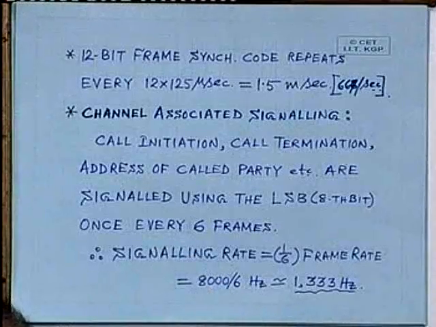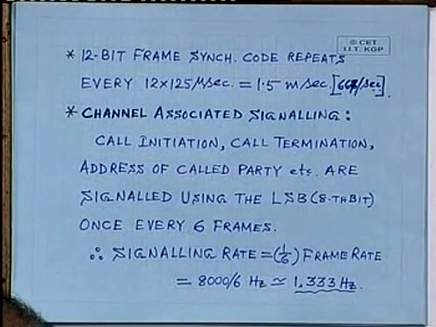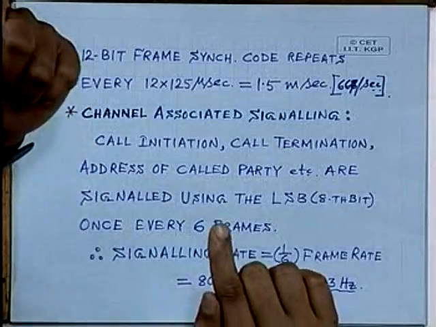The moment you dial, you get a time slot of 8 bits per frame, and if you think of labeling the bits, MSB, second MSB, up to LSB, then the LSB is used. That means per frame only the LSB is taken out for this kind of signaling.